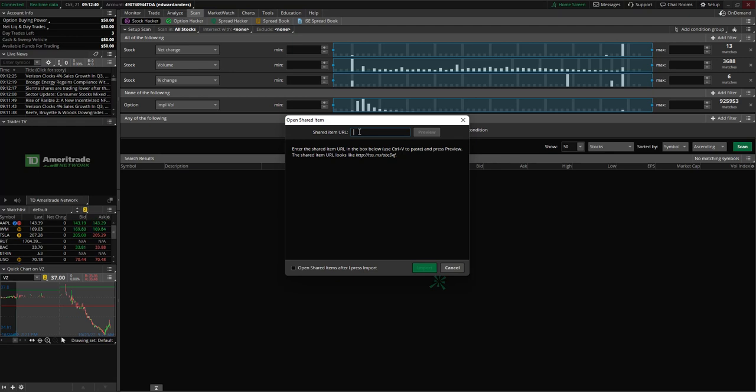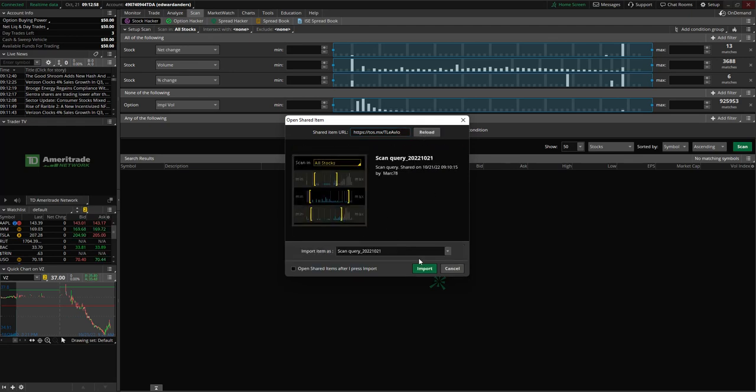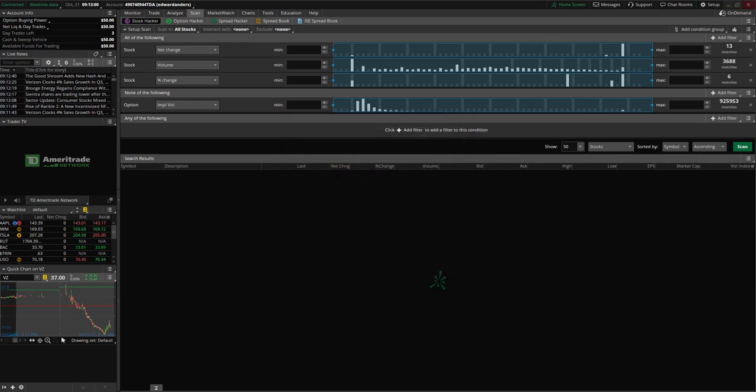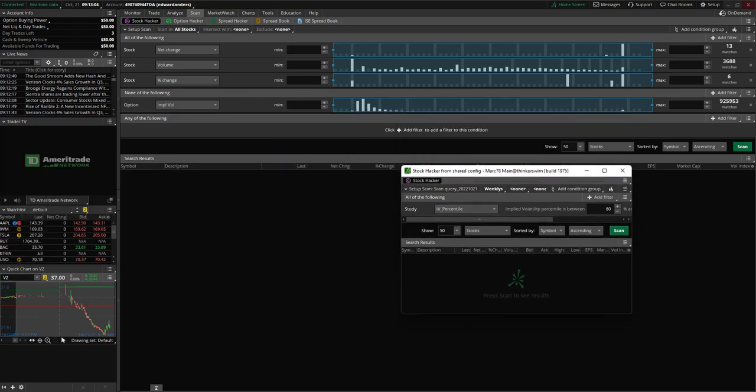Now, okay, it won't let me paste it. It won't let me paste it. Okay, I tried that. Let me try it again. Okay, interesting. It wouldn't let me. Hang on. So it imported it, right?